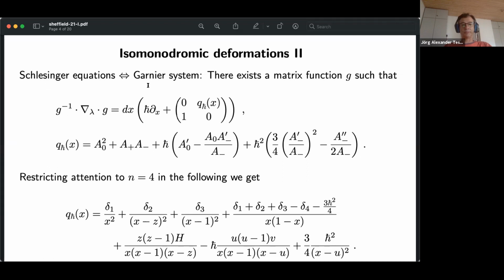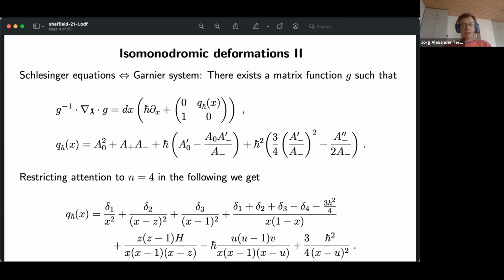It's the Garnier system. And the way it comes about is, we can just observe that we can find a mildly singular matrix function G, which may need to have some square root singularities, but that's not going to be a problem for anything that follows.